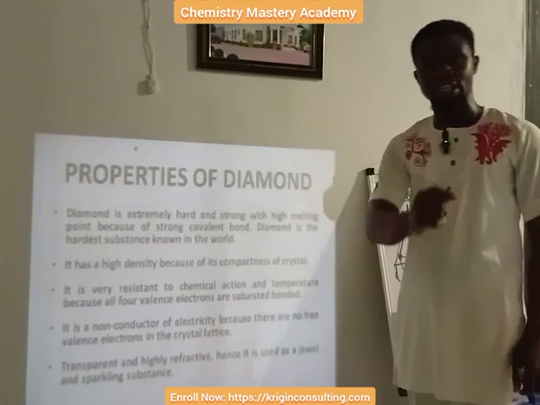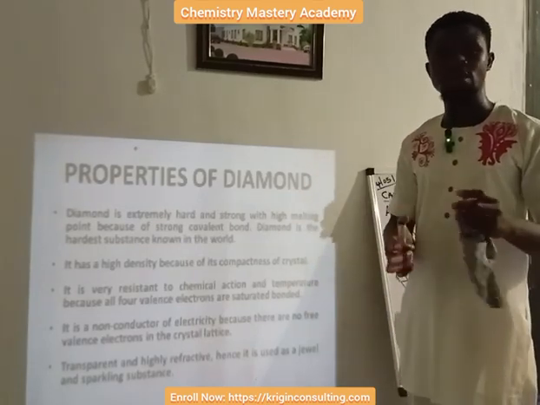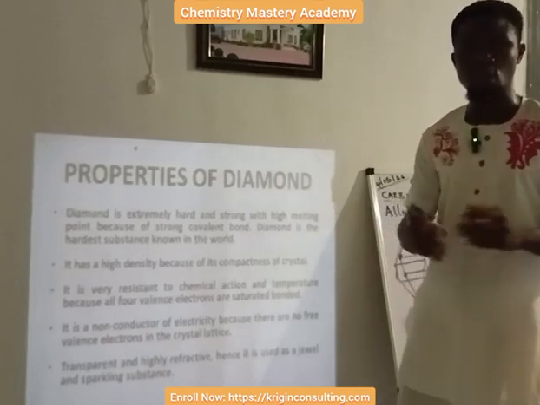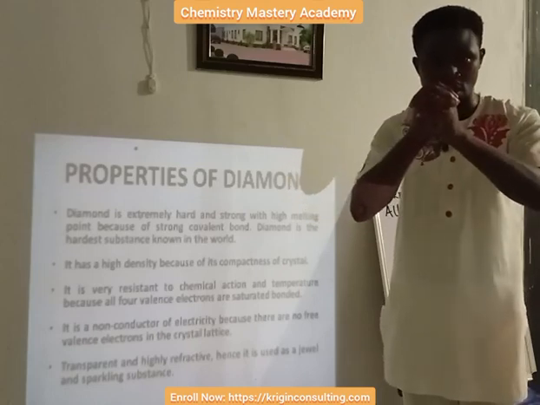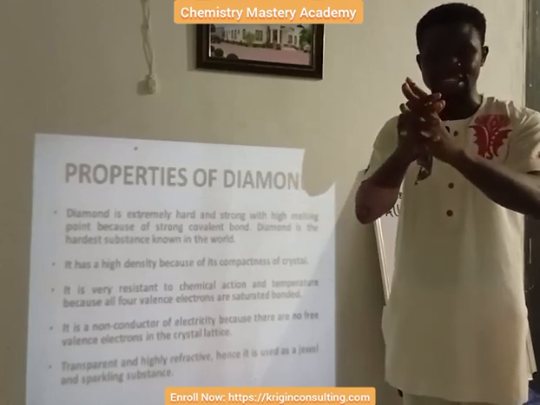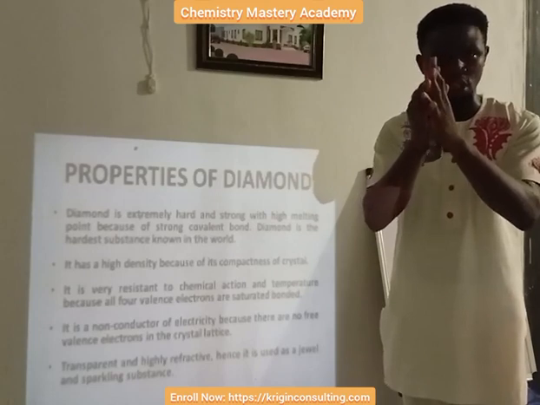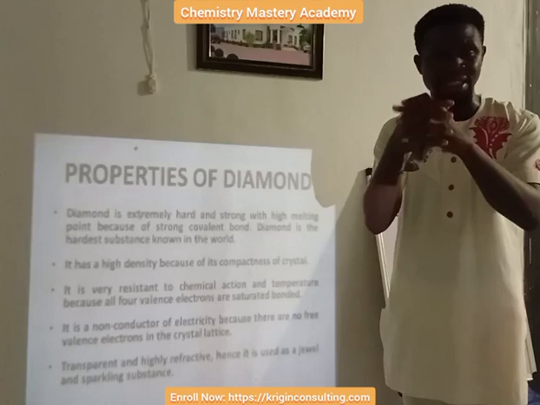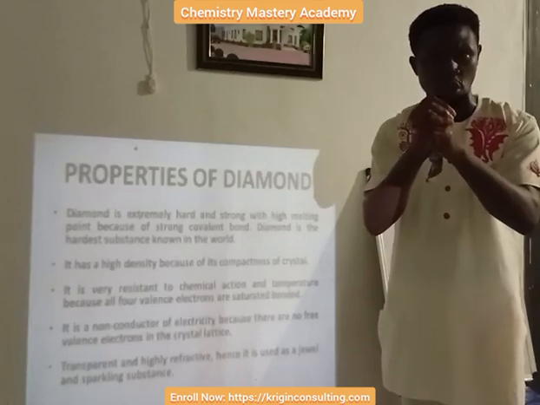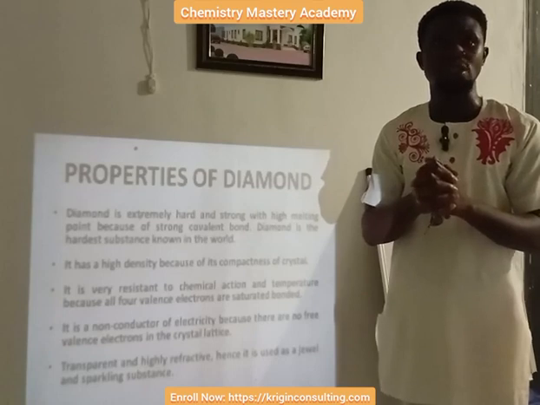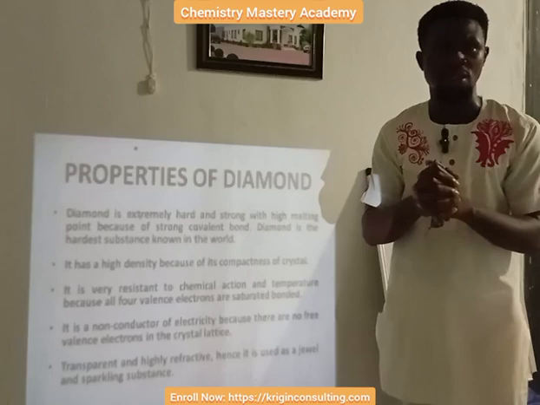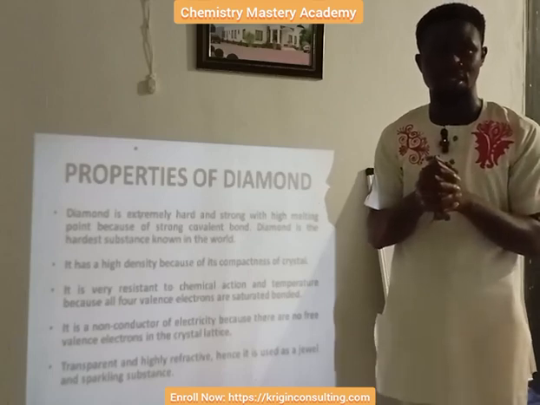Now, what are the properties of diamond? Diamond is extremely hard. We have said that before. And the reason why we said it's very hard is because the carbon atoms that make it up are closely packed. So when we say closely packed, there is no space between each of them, which makes it a very strong solid, to the point that you can't use any object to break your diamond.